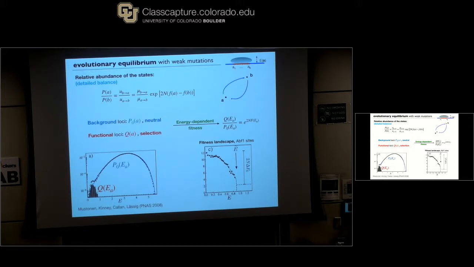So what you're trying to do is to infer fitness as a function of energy. What is this hidden fitness that we only observe through sequences, such that we observe what we observe?